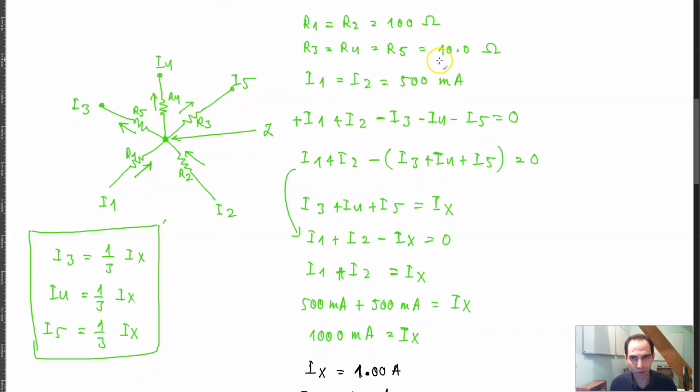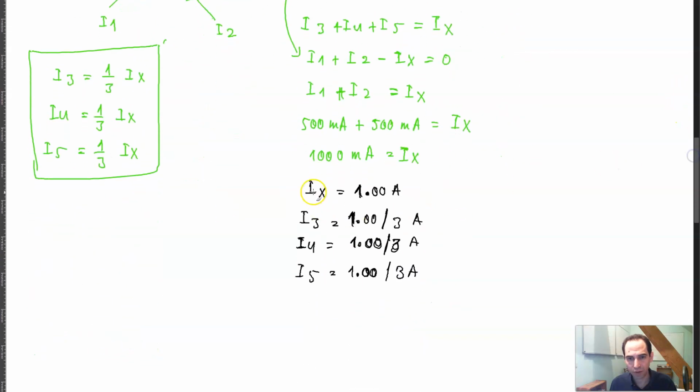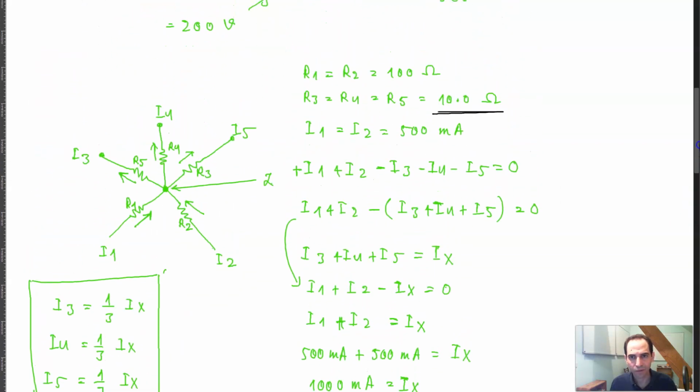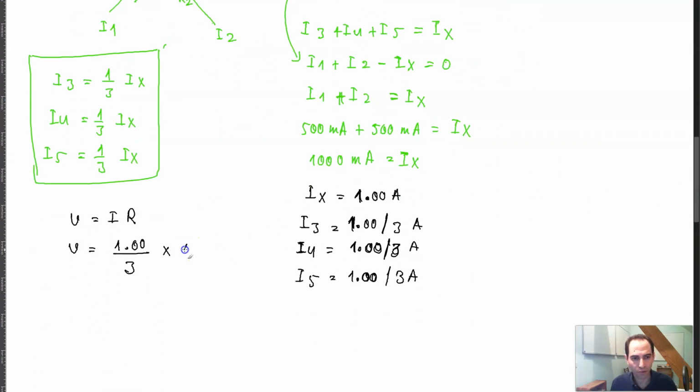You know the resistance, you know the current through them, so you can simply write V is equal to IR. So V is equal to I, which is 1.00 divided by 3 amps, times R, which is 10.0 ohm.